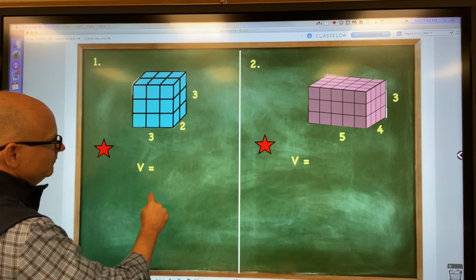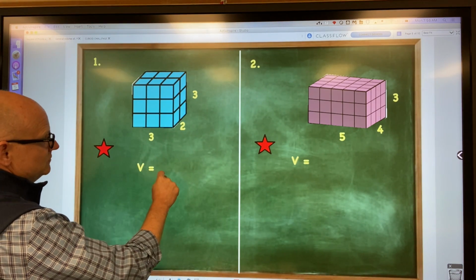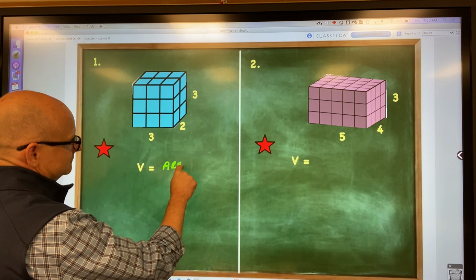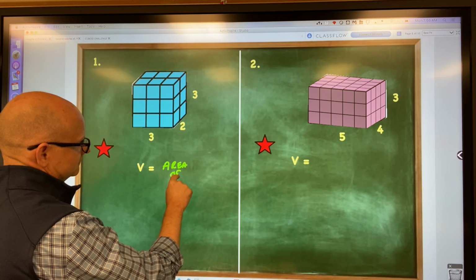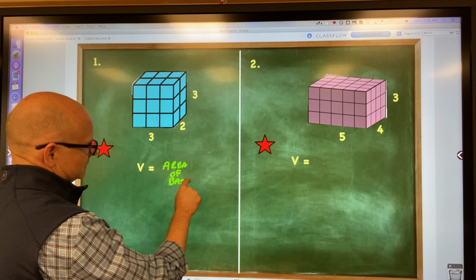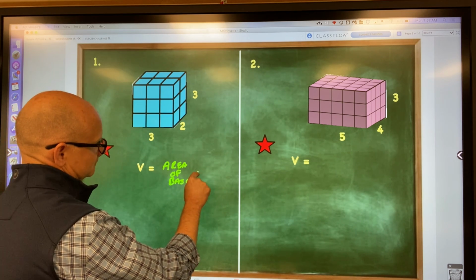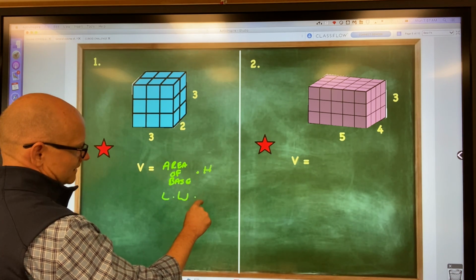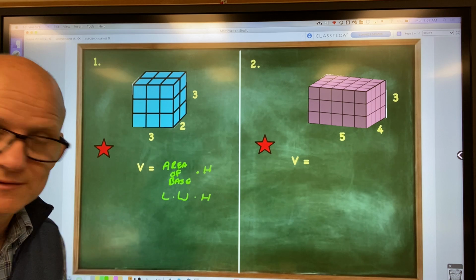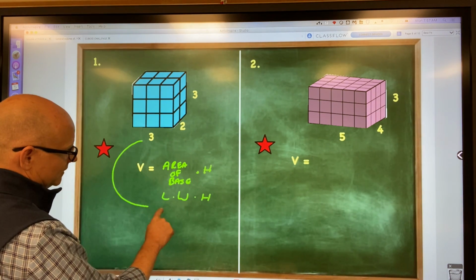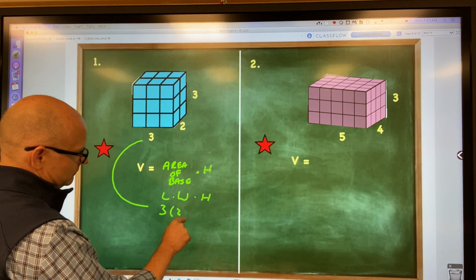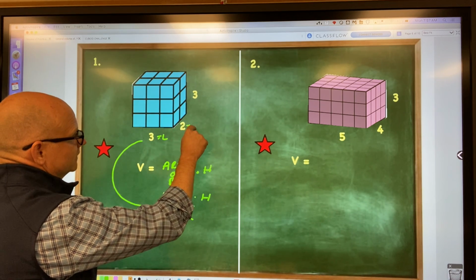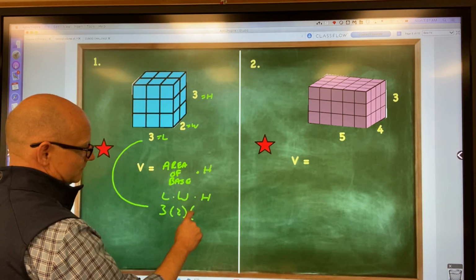So remember, for the volume of a prism you want the area of the base times the height, which just means you want length times width times height, because the area of the base would be length times width. So you have here 3 times 2 times the height, 3.